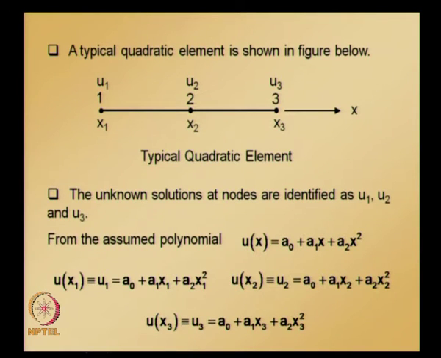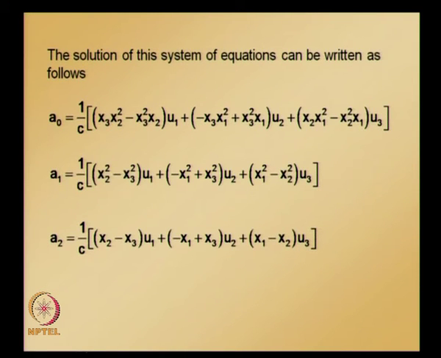The 3 equations that we get are given here, and using these 3 equations we can solve for a naught, a1, a2. Solution of this system of equations can be written like this.